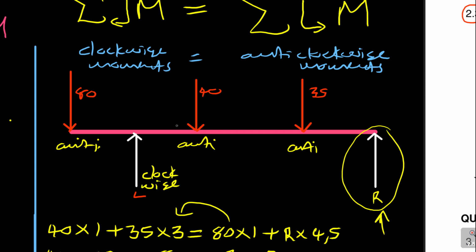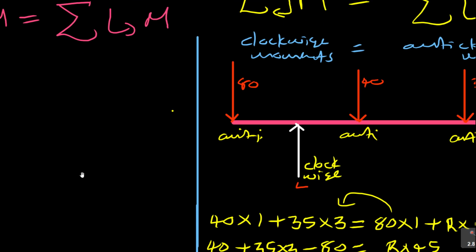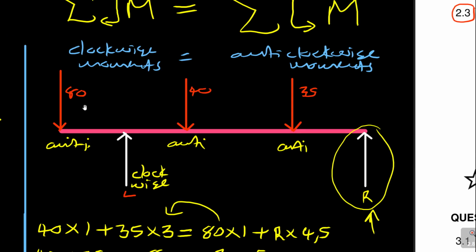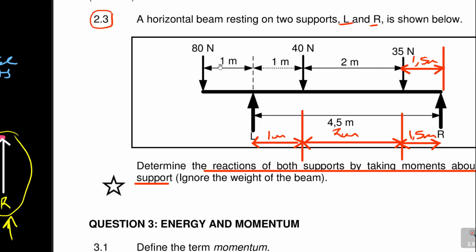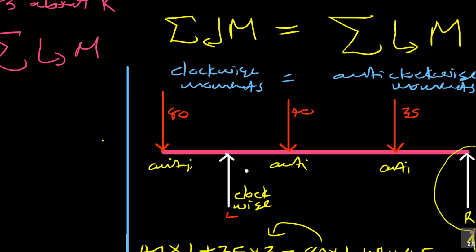So now when we start multiplying, all of them at the top are anti-clockwise about R. The first one is 80 times the total distance. How long is this beam? This beam is 4,5 plus 1. Don't forget that 1. So it's 5,5. So it's 80 by 5,5.